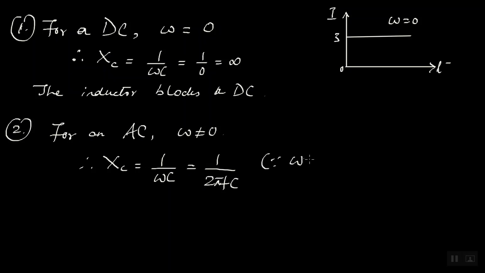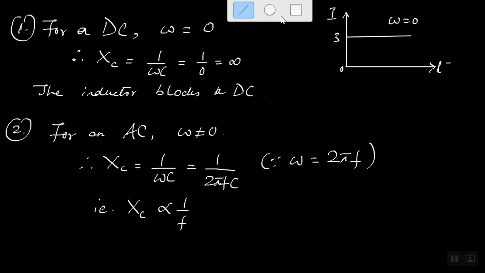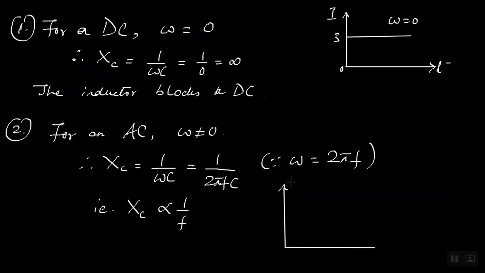Since angular frequency is 2 pi f, xc is proportional to 1 by f. Okay, so if you plot the graph of xc with the linear frequency, you will get this kind of graph. Say I'm plotting xc along the y-axis and frequency along the x-axis, you will get this kind of graph. Exactly here. So these 2 points are often asked in the exam, so I want you to understand this nicely. Thank you.